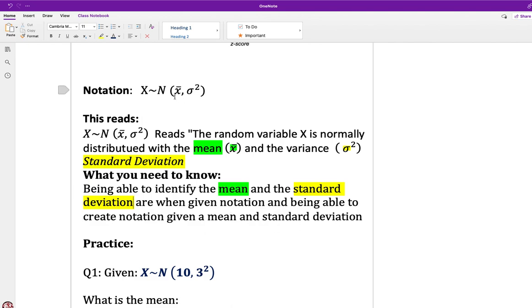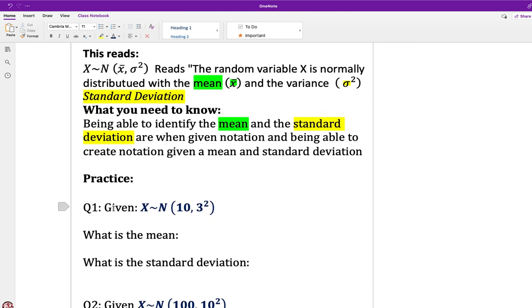So just remember where these two numbers are. The mean is the first number involved here, and the standard deviation is the second number. And the standard deviation is not squared. So if that was a 3, our standard deviation is not 9, it is just the 3.